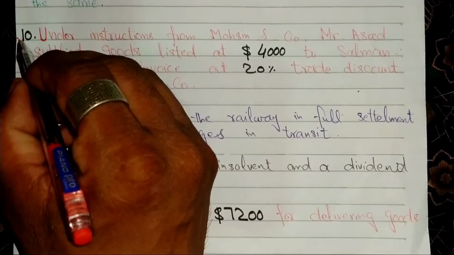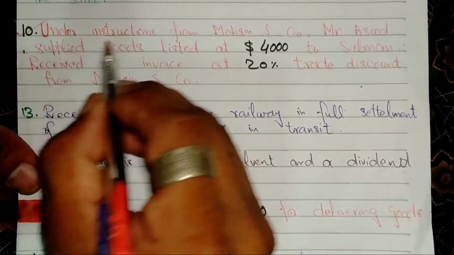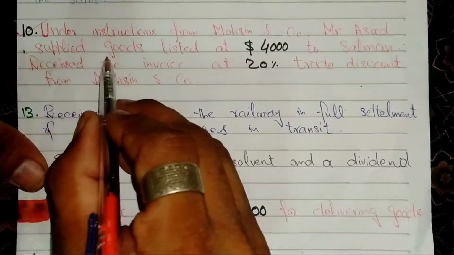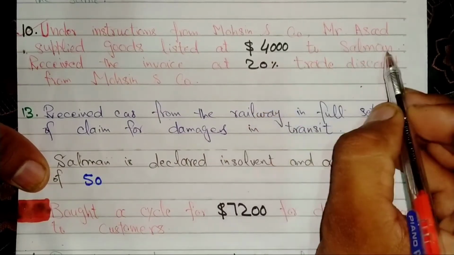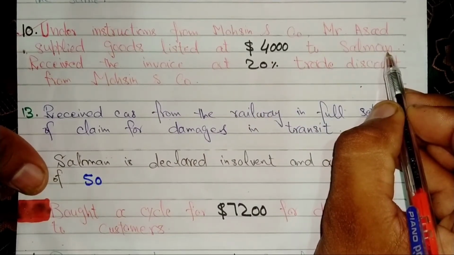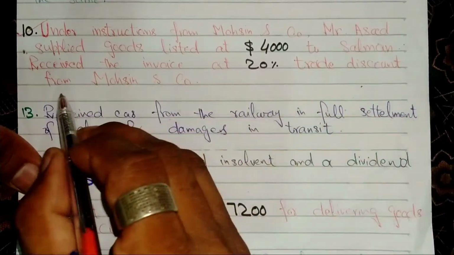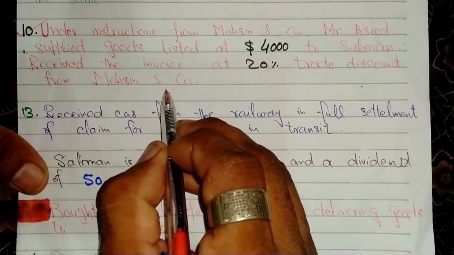The next transaction of the business on 10th January: under instructions from Mohsin and Company, Mr. Asad supplied goods listed at $4,000 to Salman, and received the invoice at 20% trade discount from Mohsin and Company, which is the supplier of the business.